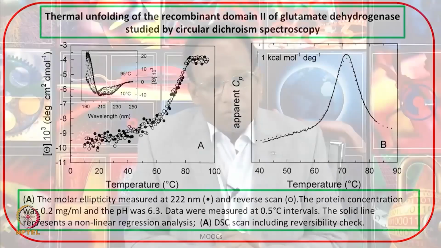So, even though we can get the thermodynamic parameters associated with the thermal unfolding of biological macromolecules by non-calorimetric methods, these are indirect techniques which give the energetics of the process.